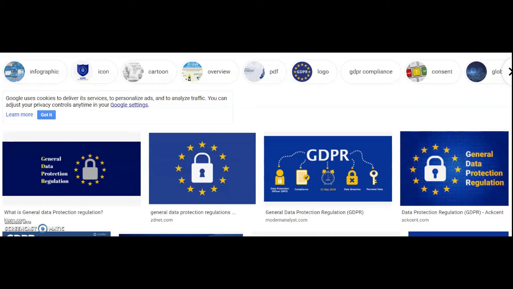And if an organization experiences a data breach, it has 72 hours to notify EU data protection agencies. Failure to do so could be costly. Violators are subject to fines of 20 million euros or 4% of the company's annual global revenue, whichever is greater.